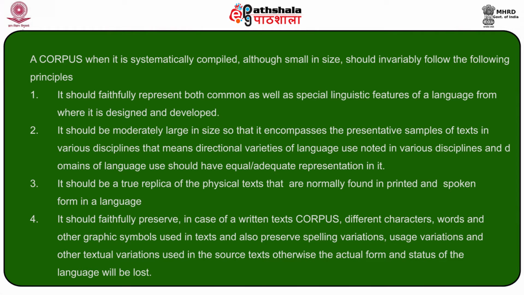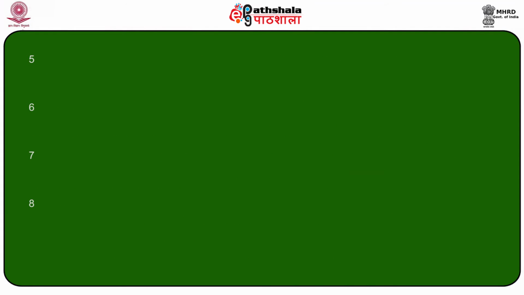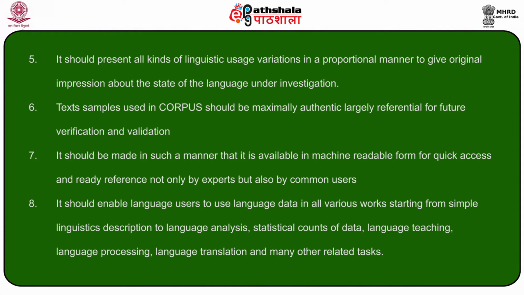Also, it should preserve spelling variations, usage variations, and other textual variations used in the source text. Otherwise, the actual form and status of the language will be lost. Fifth, it should represent all kinds of linguistic usage variations in a proportional manner to give a general impression about the state of the language under investigation.